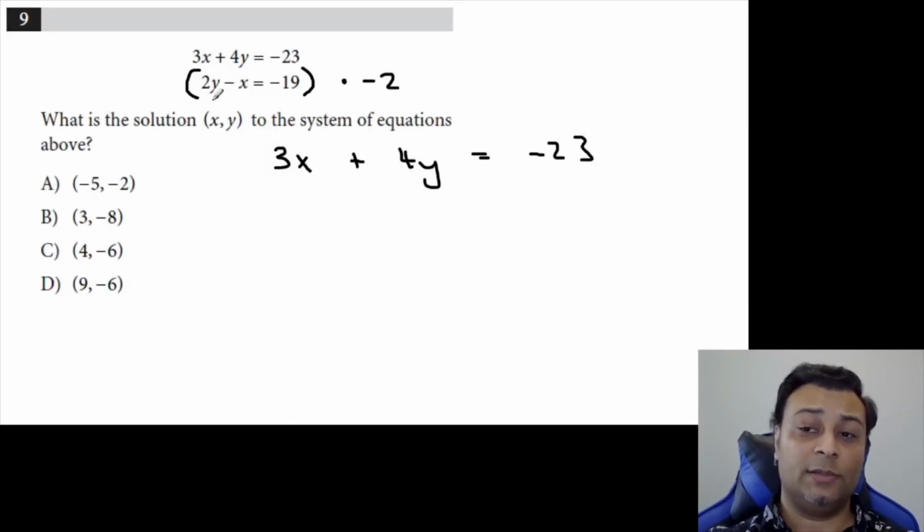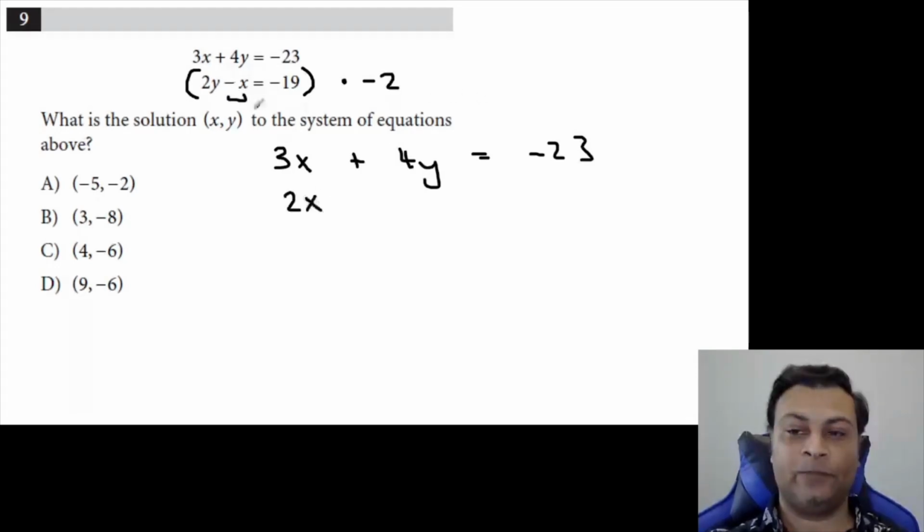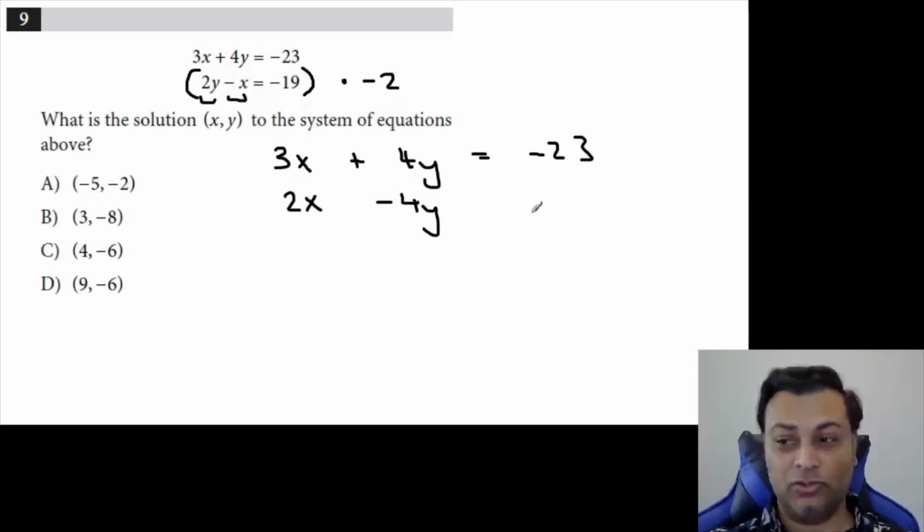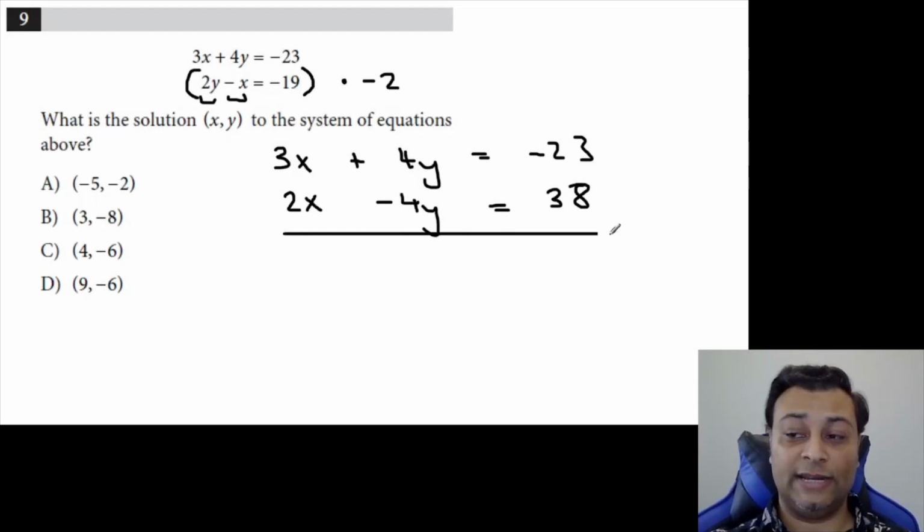Why? Because I want the 2y to end up being negative 4y. So everything multiplied by negative 2, but we start with the x's. Negative x times negative 2, that's 2x. 2y times negative 2, that's our negative 4y. And negative 19 times negative 2, we have to know how to do 19 times 2, and you get 38.